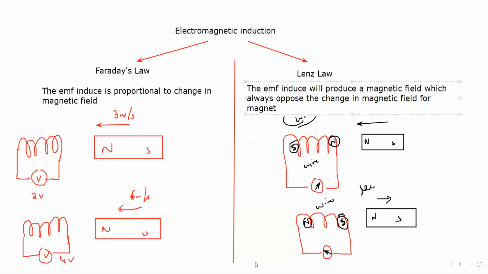So these are the two laws which explain the relation. So we'll do some questions related to this magnetism part, so you will have an understanding of how we can apply these laws.